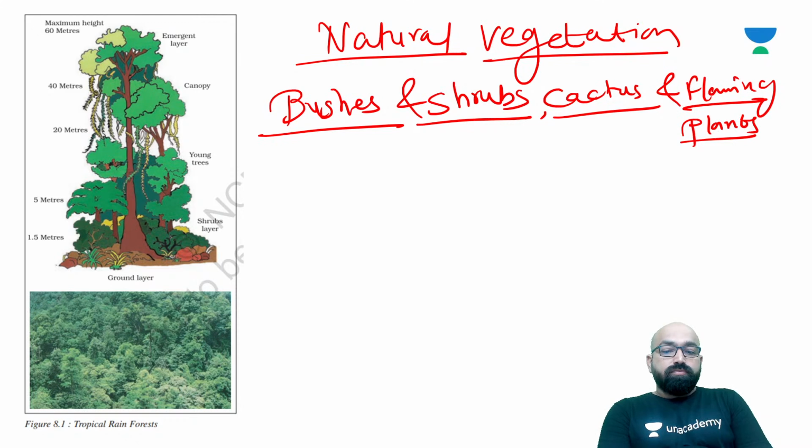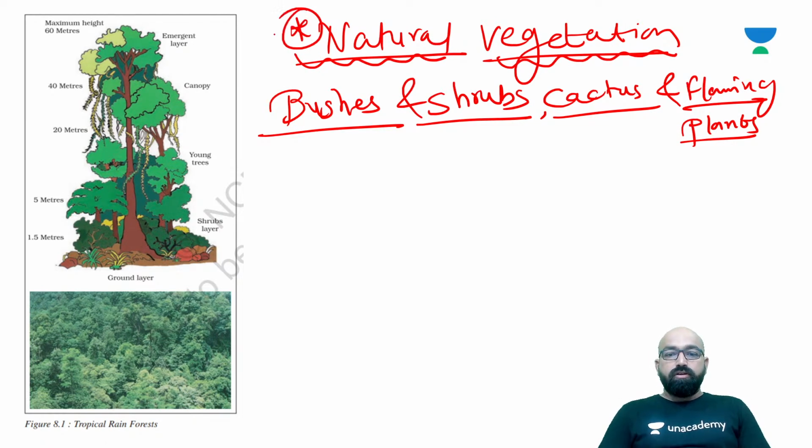Now, the grasses, shrubs, and trees which grow on their own without interference or help from human beings are called natural vegetation.